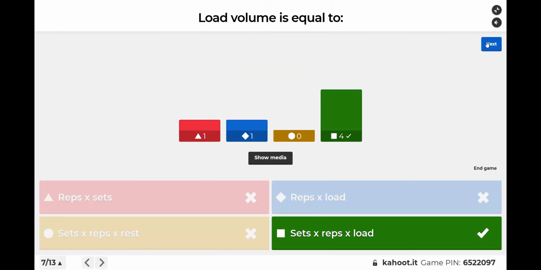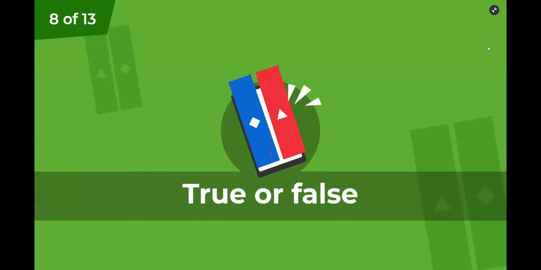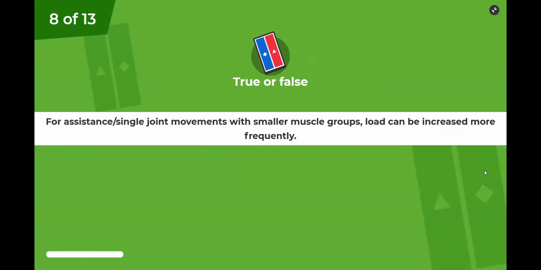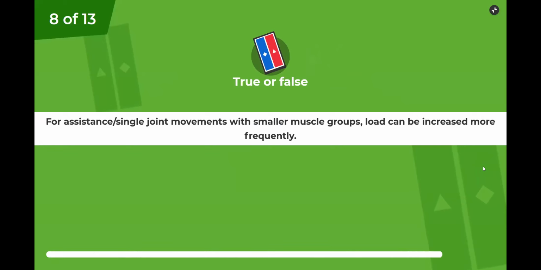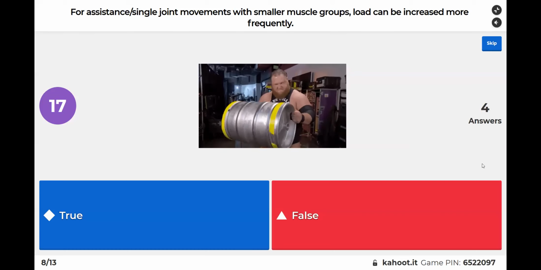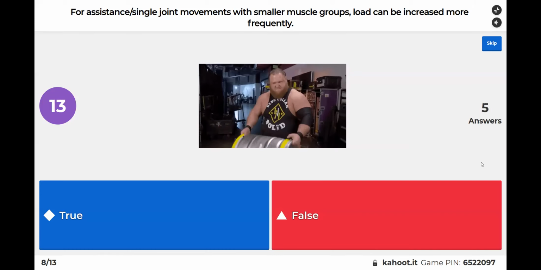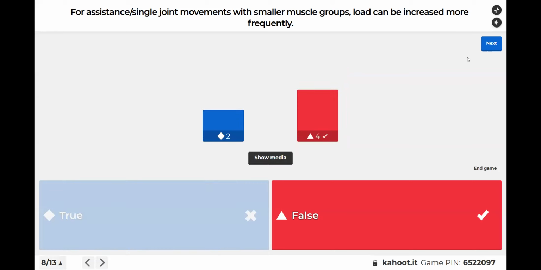Good, that is low volume. Good, false. Less frequently is the correct answer.